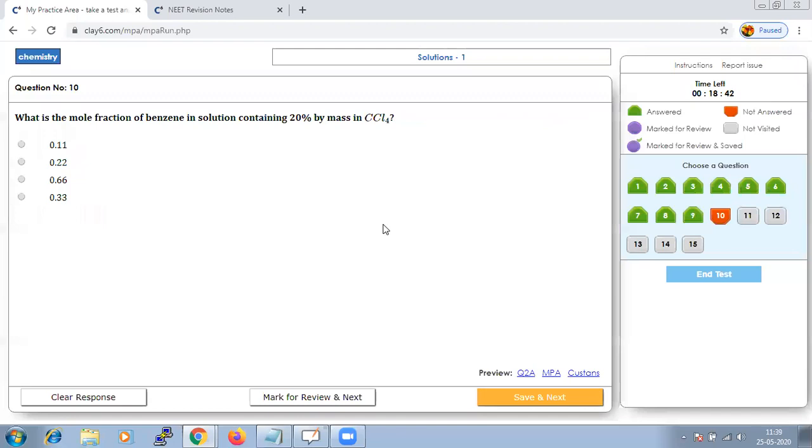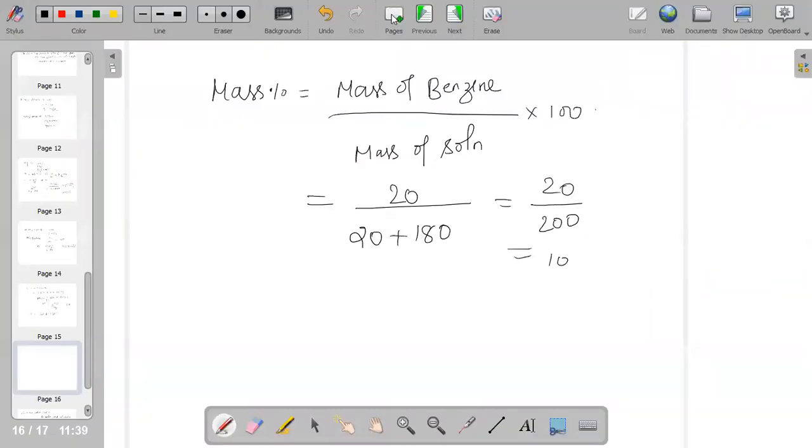What is the mole fraction of benzene in a solution containing 20% mass in CCl4? Here the only difference is we need to calculate the mole fraction of the component, which is benzene.